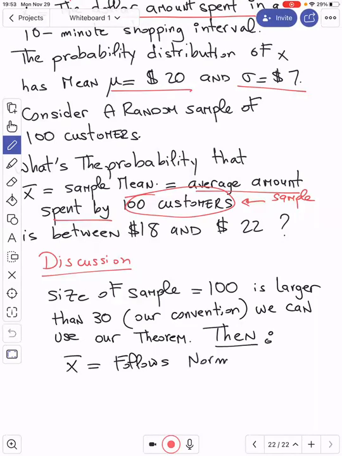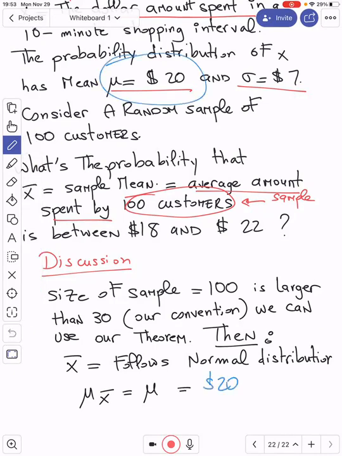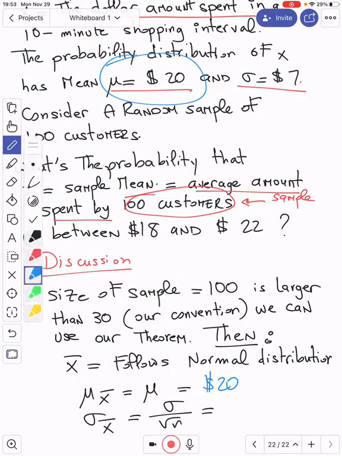And the mean of this X bar is just the mean of the variable X, which is $20. And the standard deviation of X bar is just sigma over square root of n. Sigma is 7, so it's $7 over square root of n.